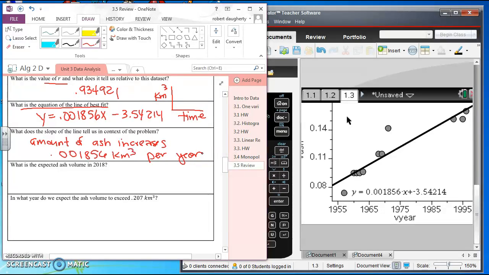What's the expected volume of ash in 2018? In that case, I'm just going to solve for y. y is 0.001856, I'll substitute 2018, minus 3.54214.